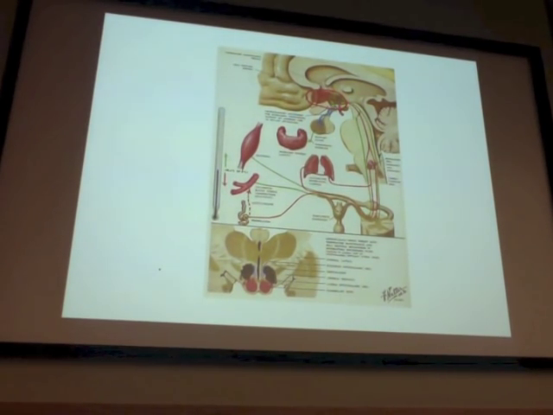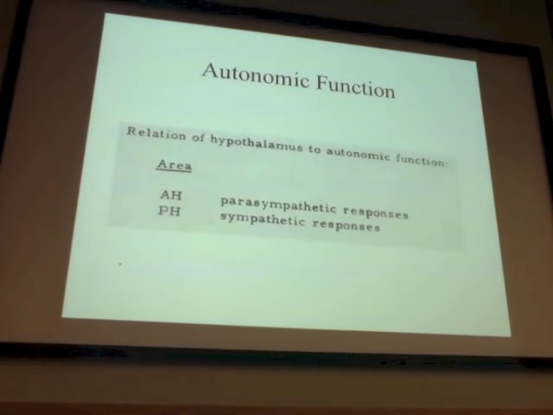Okay. So anyway, your hypothalamus is regulating all kinds of very important functions. The hypothalamus is the head nucleus, the controlling nucleus for your autonomic nervous system. So your autonomic nervous system, we've kind of touched on it, but we're going to look at it in a little more detail, is the sympathetic nervous system and the parasympathetic nervous system. Parasympathetic is your baseline, homeostatic state, and the sympathetic is the fight or flight.